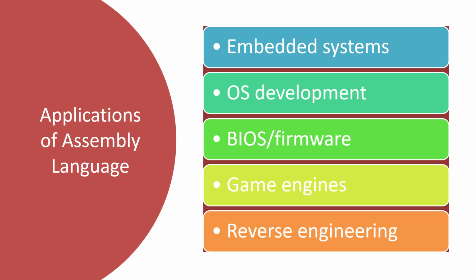Assembly is also used to write BIOS and firmware, providing the essential code to initialize hardware. Game engines may use assembly to optimize performance in critical sections. Lastly, it is invaluable in reverse engineering, where understanding compiled machine code helps analyze or defend software.